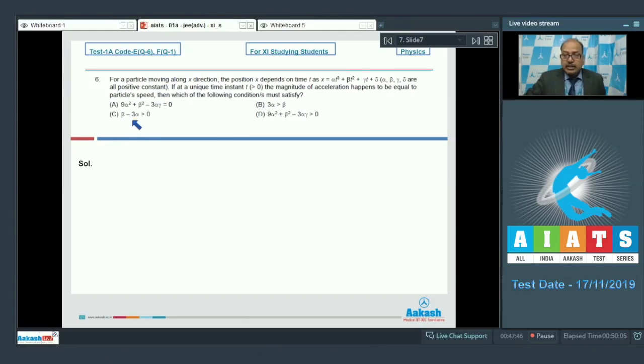So the magnitude of acceleration is numerically equal to the particle's speed, then which condition must be satisfied? Velocity v is dx/dt, which is equal to 3 alpha t squared plus 2 beta t plus gamma, and acceleration a is equal to dv/dt, which is 6 alpha t plus 2 beta.